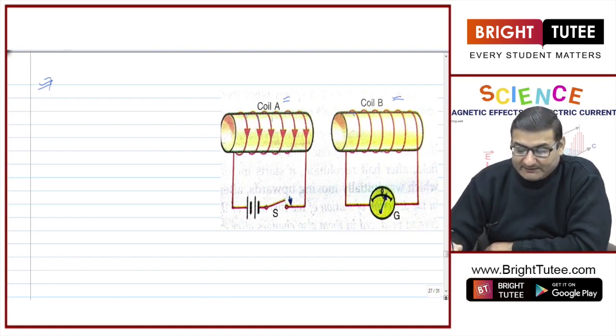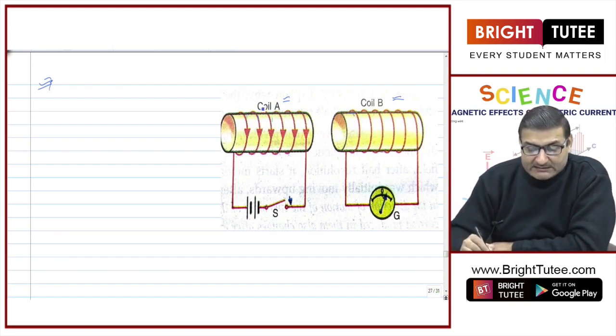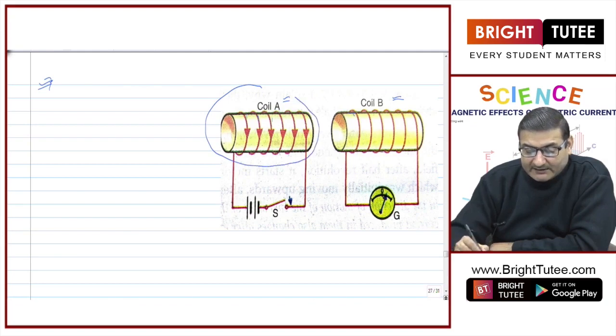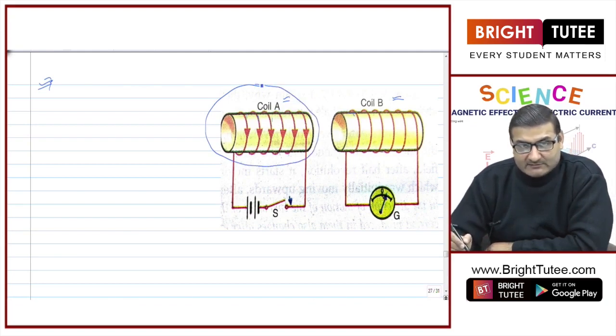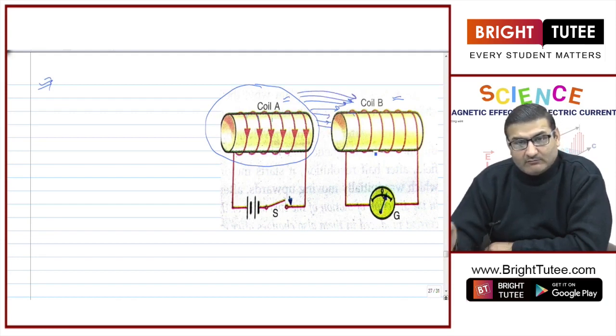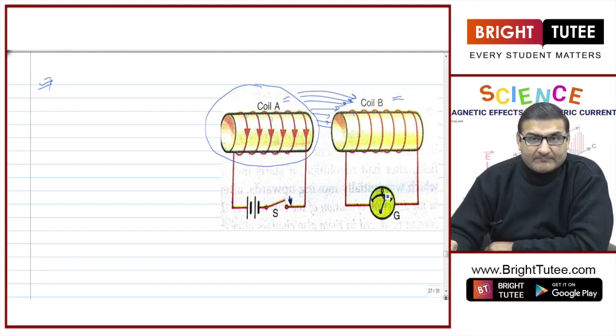This deflection suggests that when current was passed in coil A, a magnetic field was created because of the magnetic effects of current. Because of that magnetic field, some current was induced in coil B, because of which the galvanometer showed a deflection for some time.